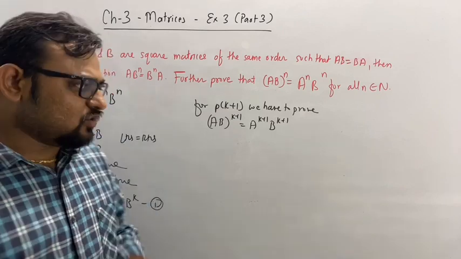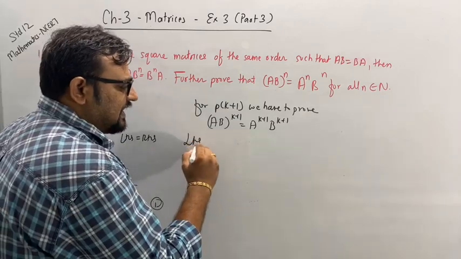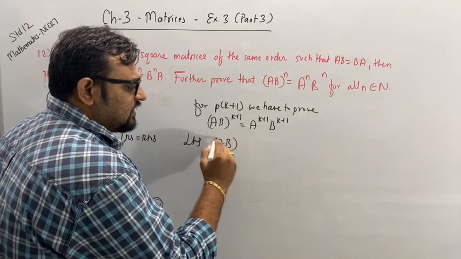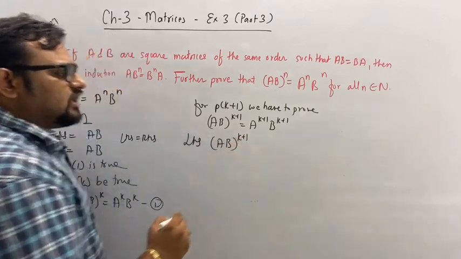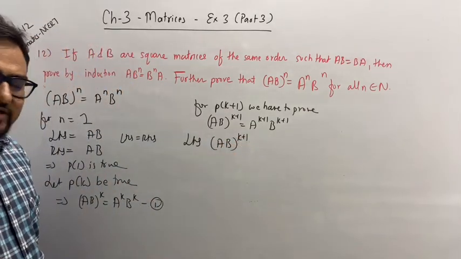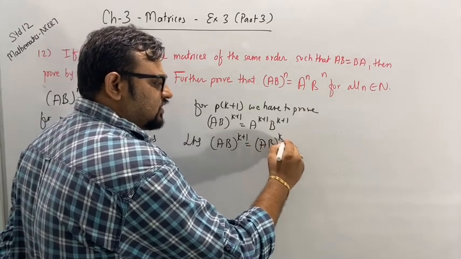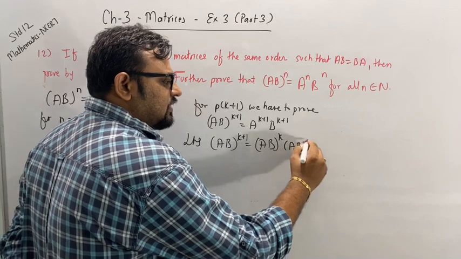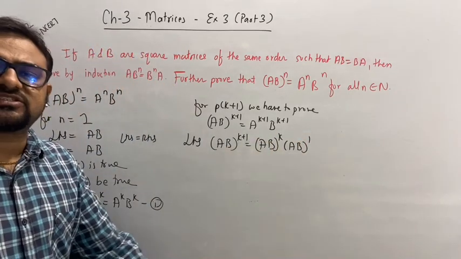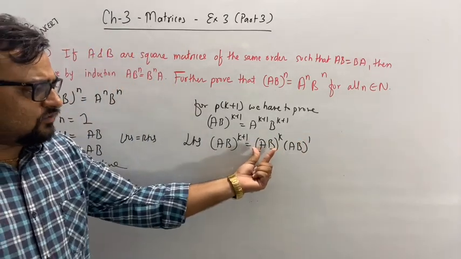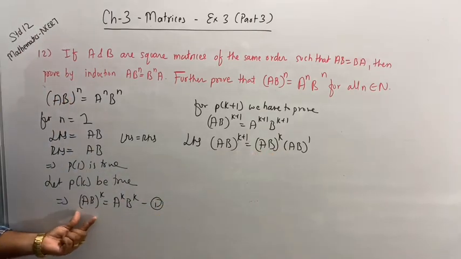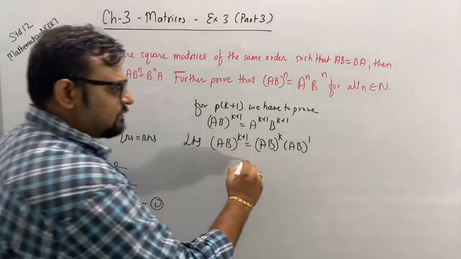Clear? So now let's take LHS, (AB) whole raised to K plus 1. Now let's separate the power: (AB) raised to K, (AB) raised to 1. Now what is (AB) raised to K?